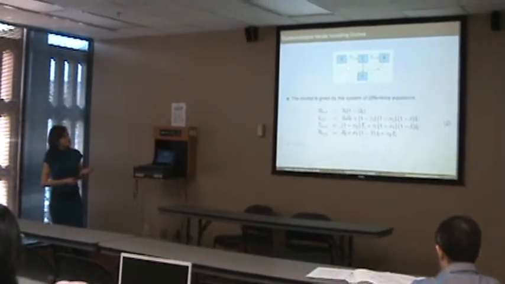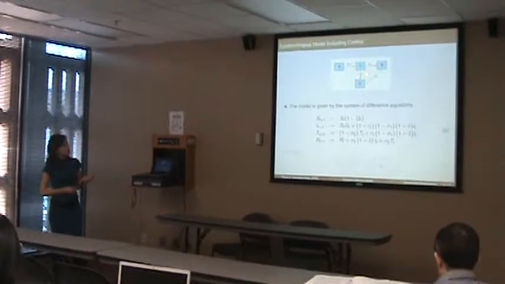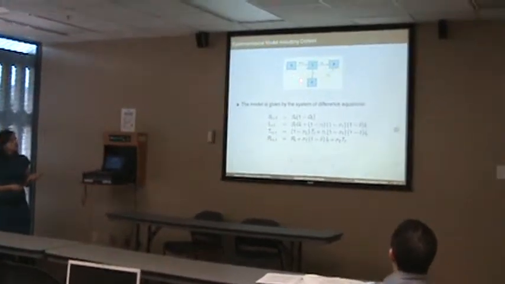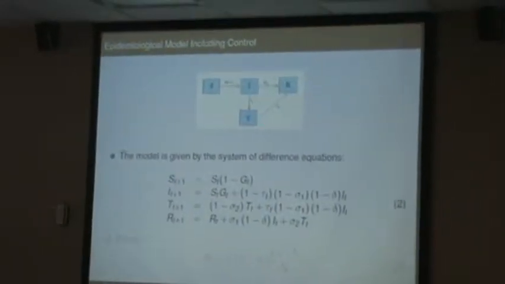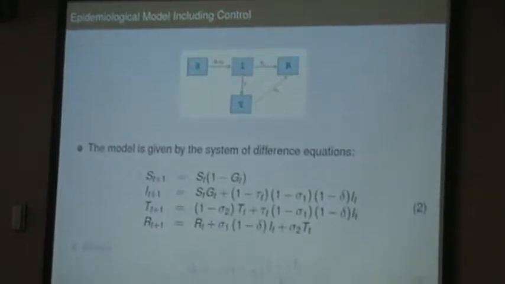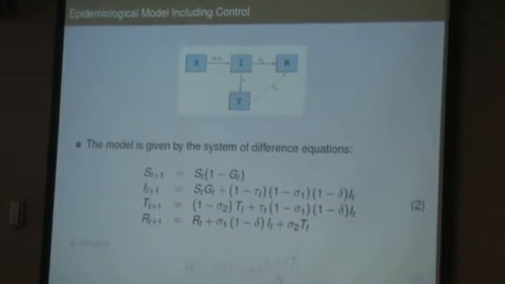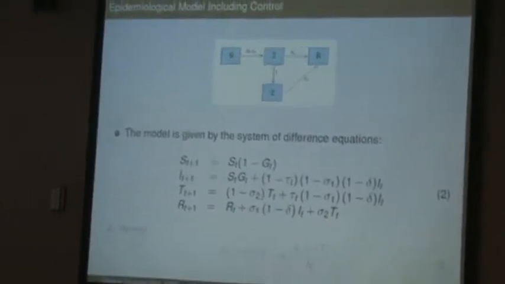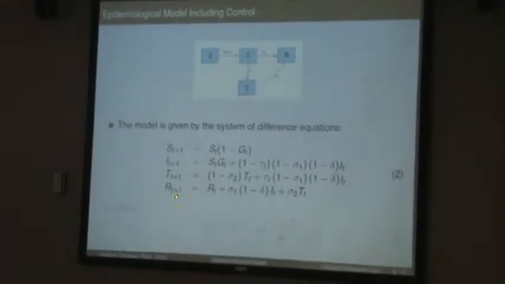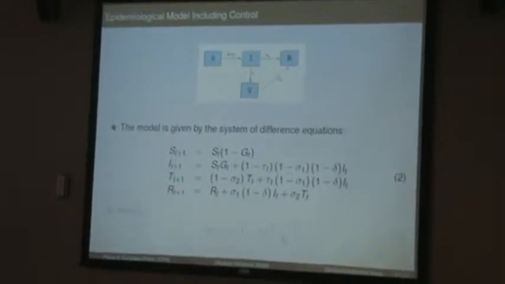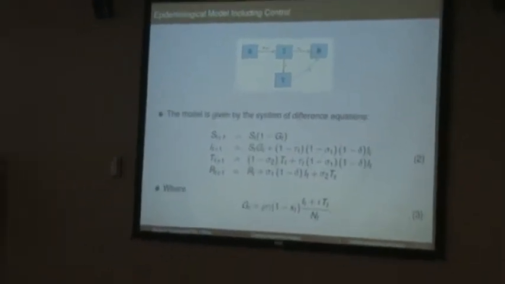So we consider that a fraction of the infected people, tau will be this fraction, get treatment. And we include a new parameter now that is sigma 2. The idea is that if somebody gets treatment, they will recover more quickly than somebody that doesn't get treatment. So now we have one more equation, and also G is going to change a little bit.